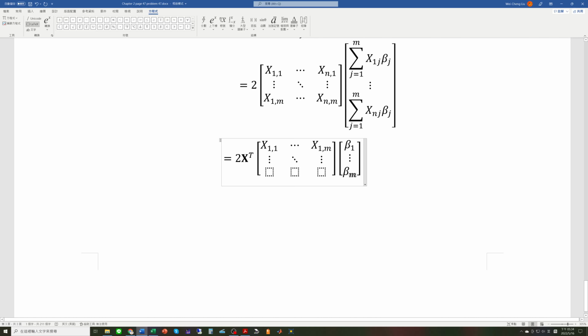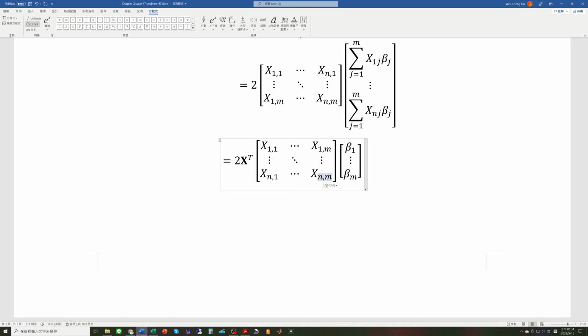And we can see that this is x_1j, this is x_nj, where 1 is replaced by n. So we can just copy this and paste here and change the first index to n. And horizontal dots, and copy this element and paste here and change the first index to n. Like this.